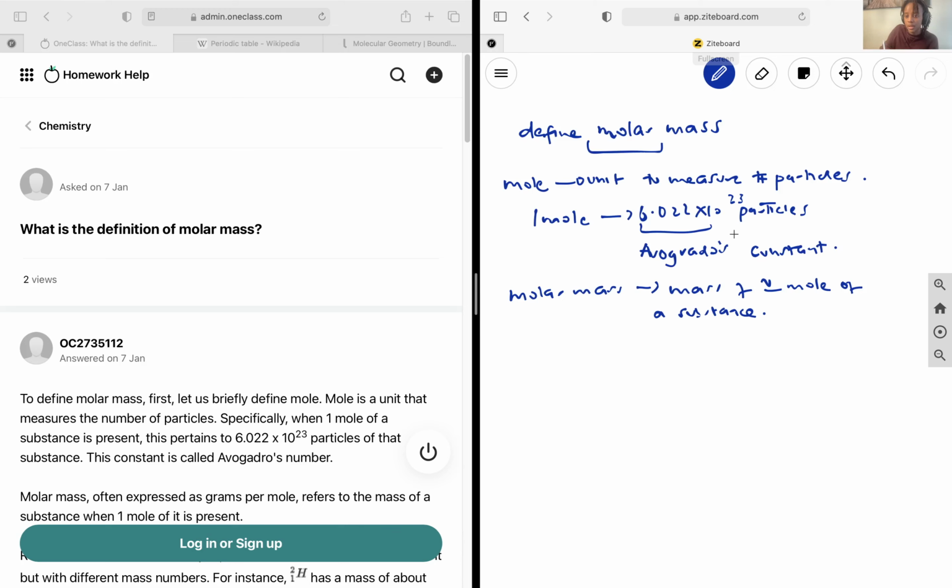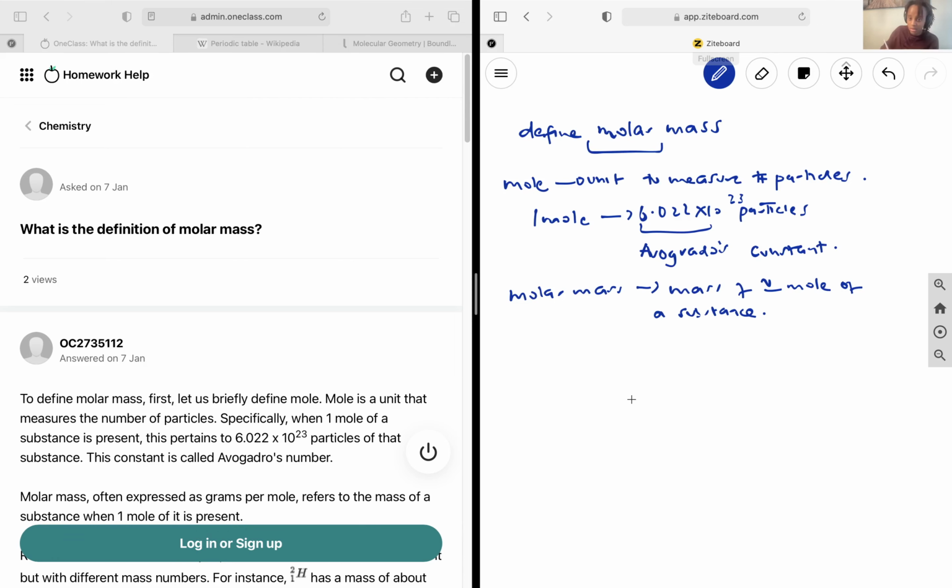Of course, if you have 6.022 by 10 to the power of 23 particles, and a particle has a mass of A grams, then we just multiply that A by 6.022 by 10 to the power of 23 in order to get the mass of 1 mole. Despite the fact that elements do tend to have isotopes, we instead use their relative abundances on Earth in order to calculate a weighted average for the molar mass.